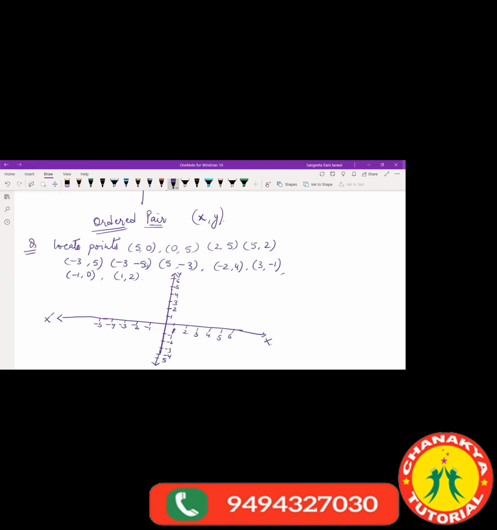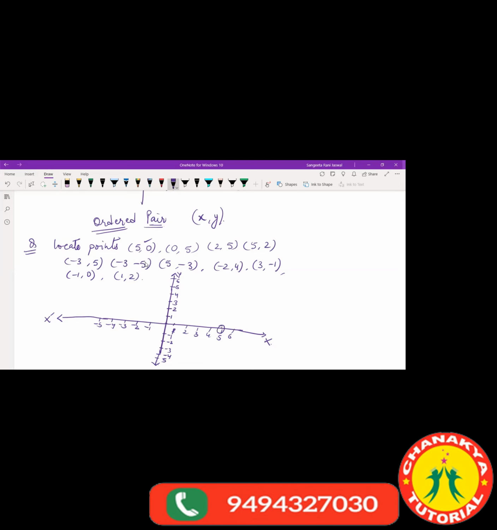Okay, let's see the first point. Now 5, 0. 5, 0 means 5 is on x. 5 is the abscissa, so it's here. And y is 0, so where will y 0 be? Here on the x-axis. So this is the point.